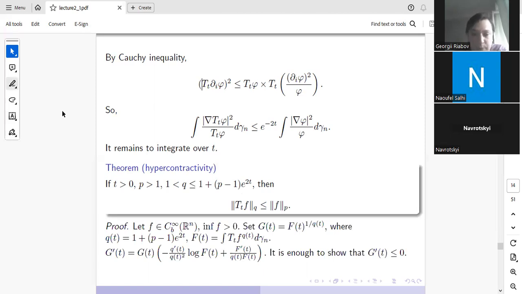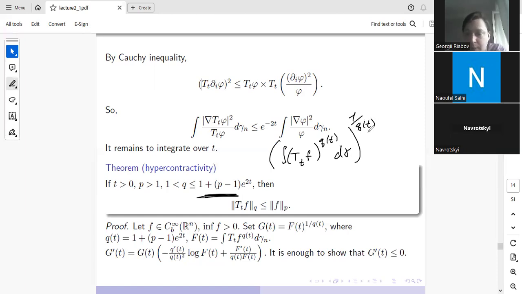So what must be proved is that the integral of T_t f to the power q(t), d gamma, to the power 1 over q(t), is less or equal to the norm of f in L^p.